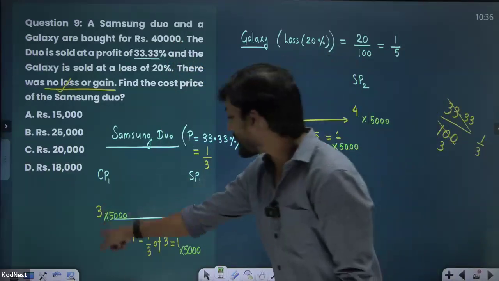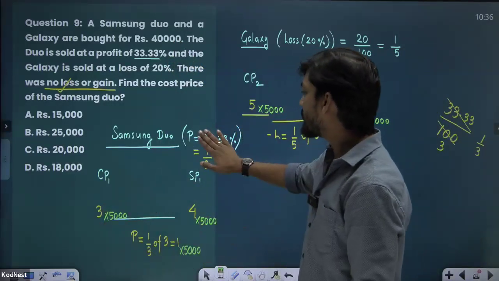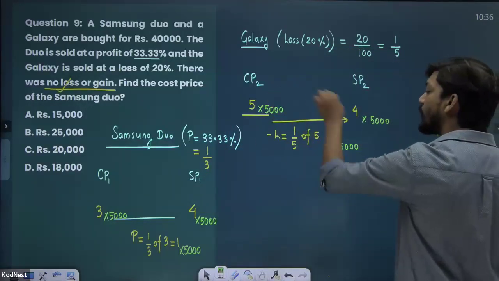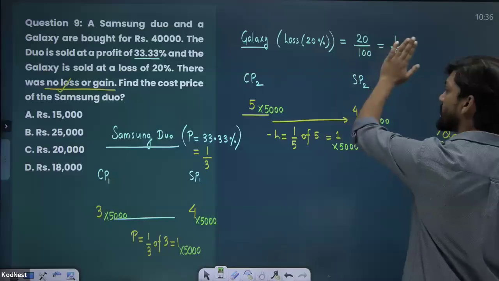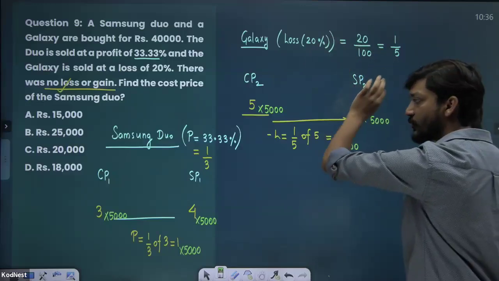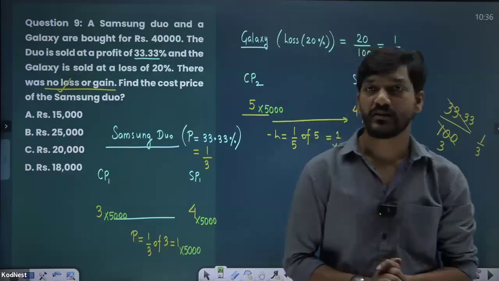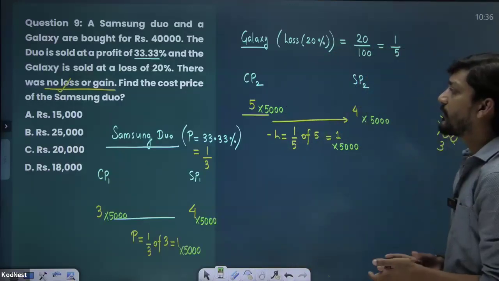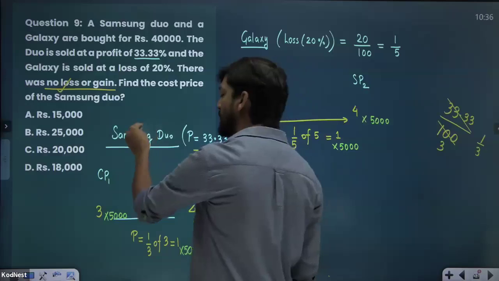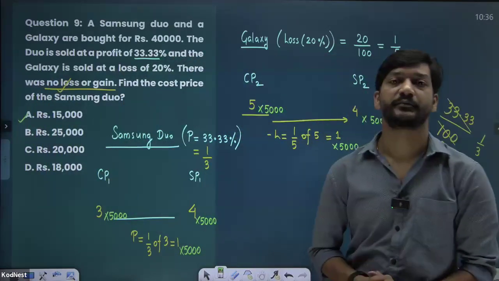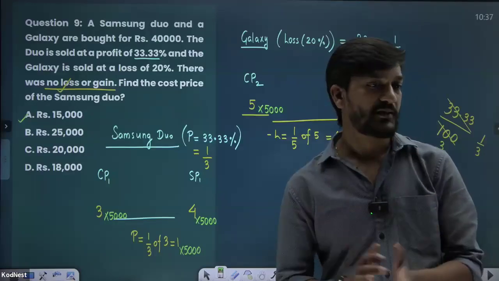Since I have multiplied by the same number, percentage will not be affected. Here also, I have multiplied all the values with 5,000, so percentage will not be affected. So everything works. So now I can answer. The cost price of Samsung Duo is option A, 15,000.